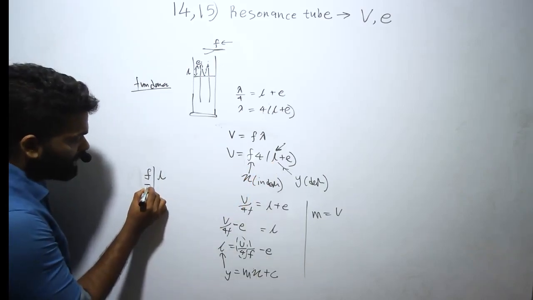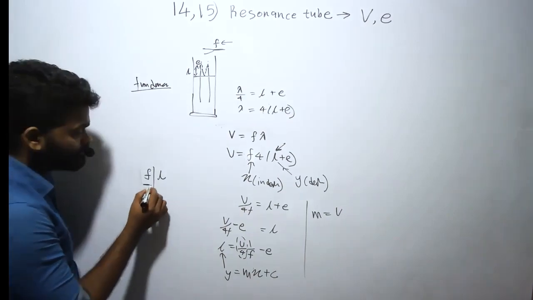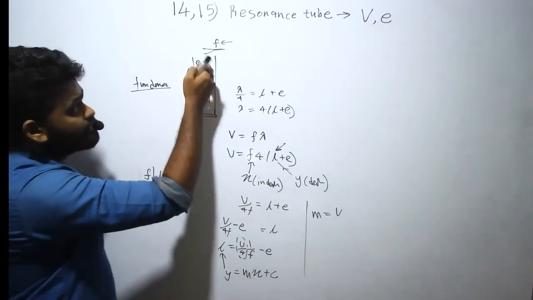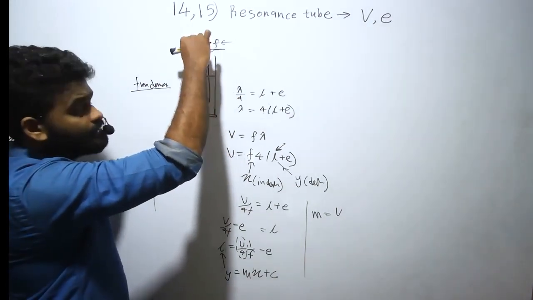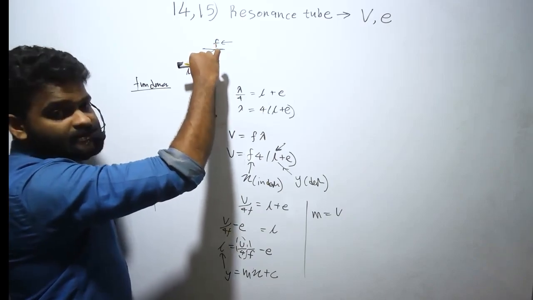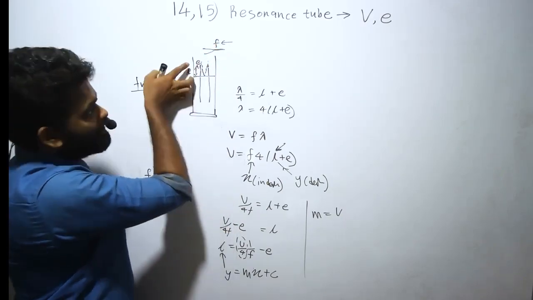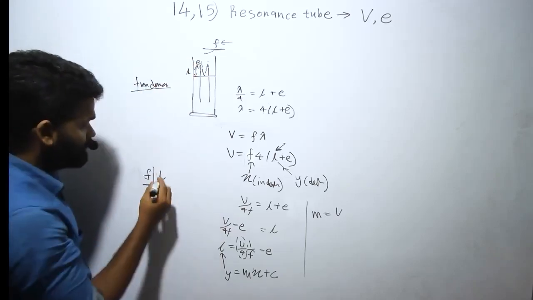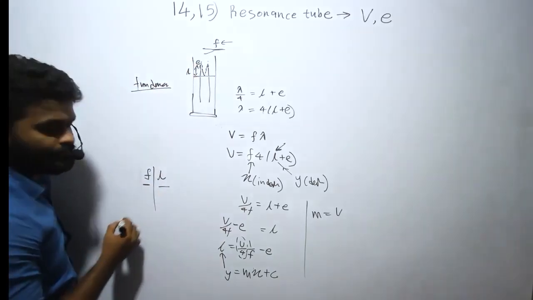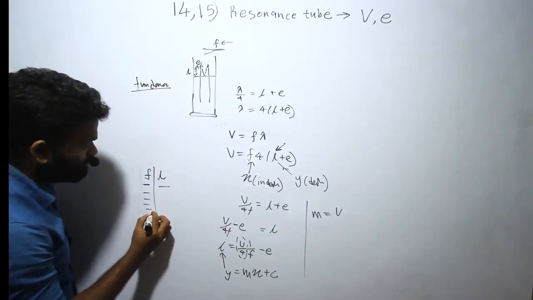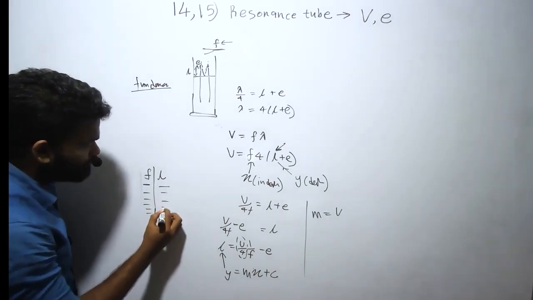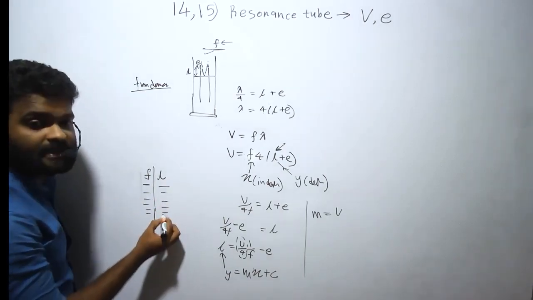So you get the highest frequency fork. For that, you place the fork, then check the resonance while lifting this. Then you can measure this length. Then you put that value here. Likewise, for about 6 tuning forks, you get resonance lengths.